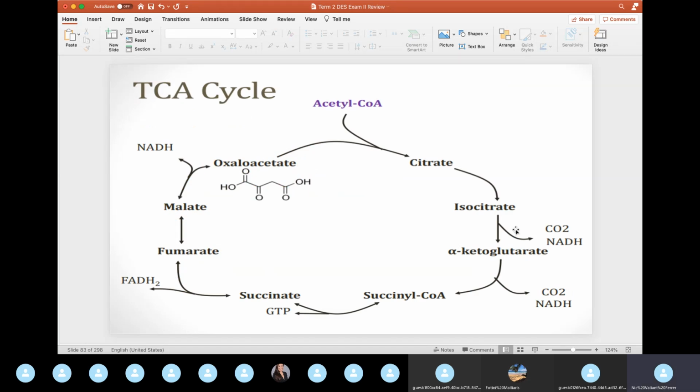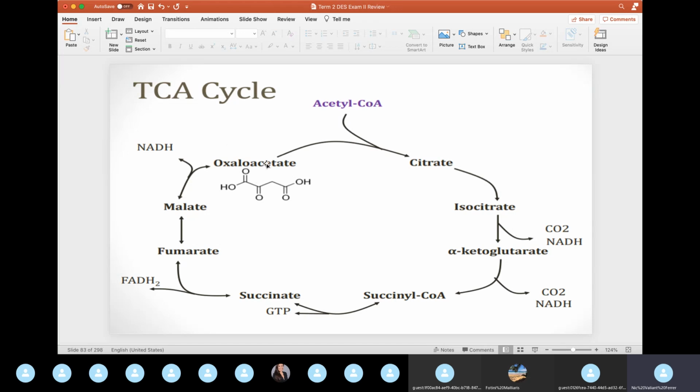Again, let's go to the TCA cycle. Now you convert your pyruvate to acetyl-CoA, and we're going to go to the TCA cycle. Memorize the substrates. They are important. But the question is always going to be about regulation. What's the end point of your TCA cycle? Oxaloacetate.